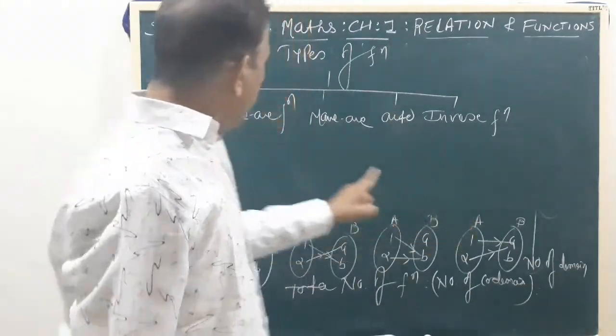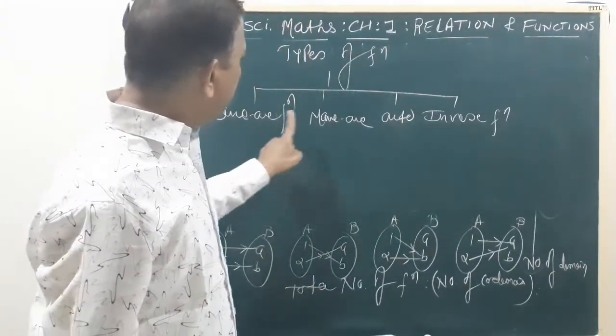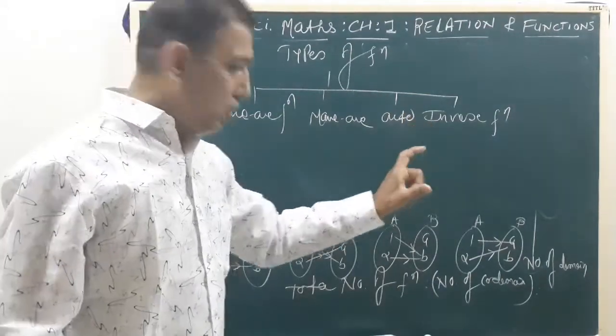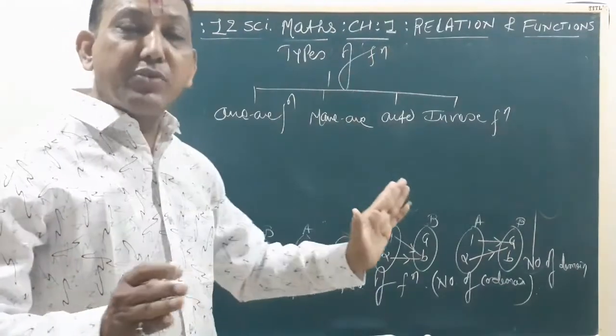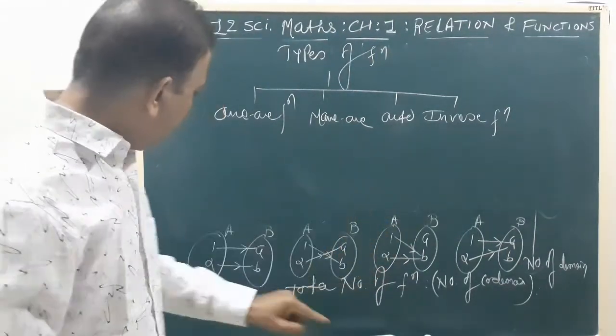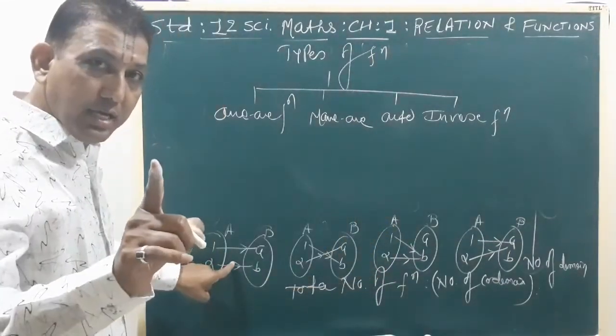Is it clear? Here we explain one-one, many-one, and onto. Look at the 4 figures. Now how is it possible: one-one and onto, many-one? Look at the first figure carefully.